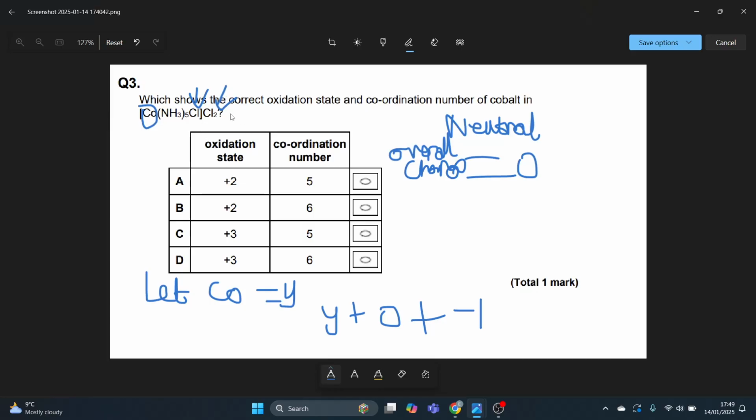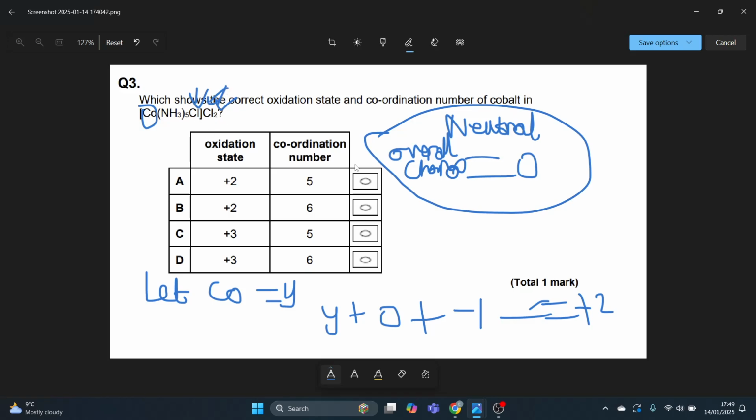Well, because that -1 on the outside, actually -2 because there's 2 chlorines, therefore the overall charge must be equal to +2. Because, like I said before, the overall charge is neutral, therefore it is equal to 0. So because I've got a -2 on the outside, it must be a +2, the overall charge. So then that will give me 0.